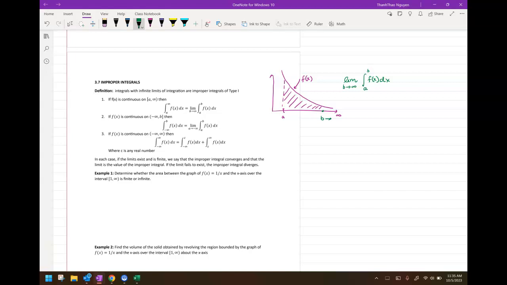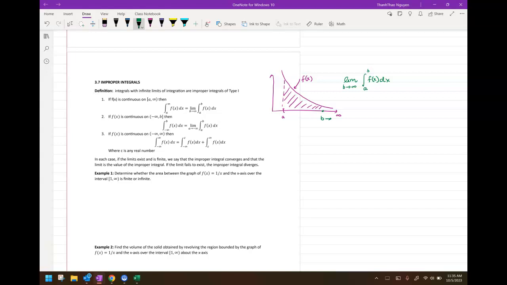If f of x is continuous on negative infinity to b, then the integral from negative infinity to b of f of x dx can be calculated by the limit as a approaches negative infinity of the integral from a to b of f of x dx.